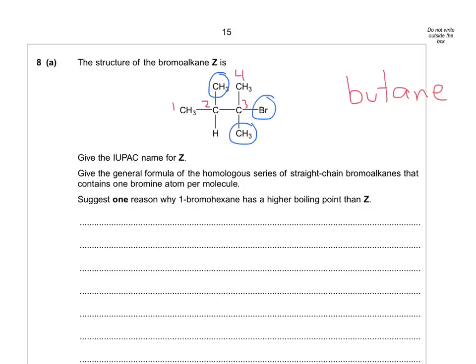So bromo is alphabetically before methyl, so you're going to say where the bromo is. Well, you need to number your atoms either way. So 1, 2, 3, 4. So it's 2-bromo. And then you've got 2 methyl groups, one on the second and one on the third carbon. So then it's 2,3-dimethyl butane.